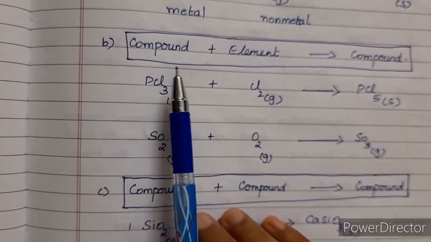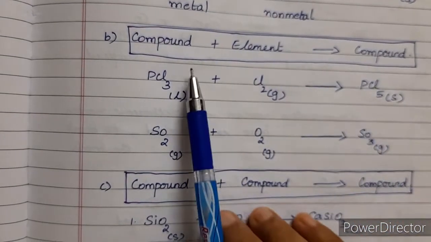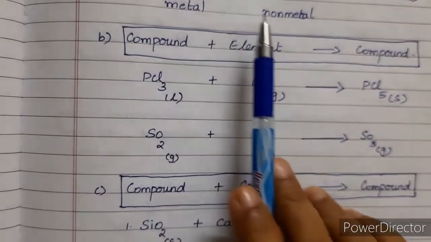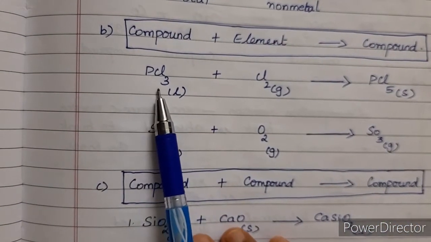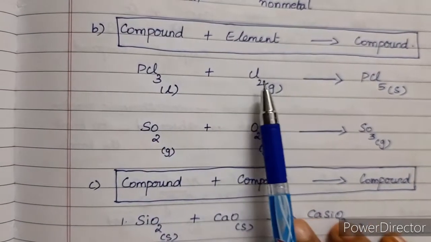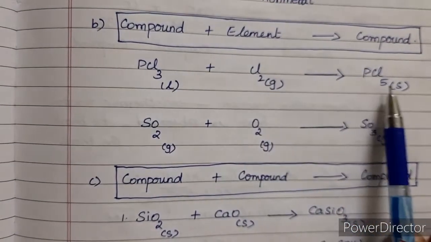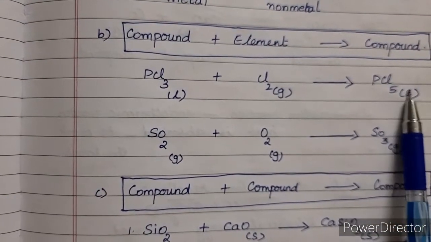Now the next type is compound plus element gives the compound. Here one compound combines with another element to form the compound. Now look into the example, children. Here PCl3 is a compound, isn't it? So it combines with the element Cl2 to form PCl5. Now the product is the compound.